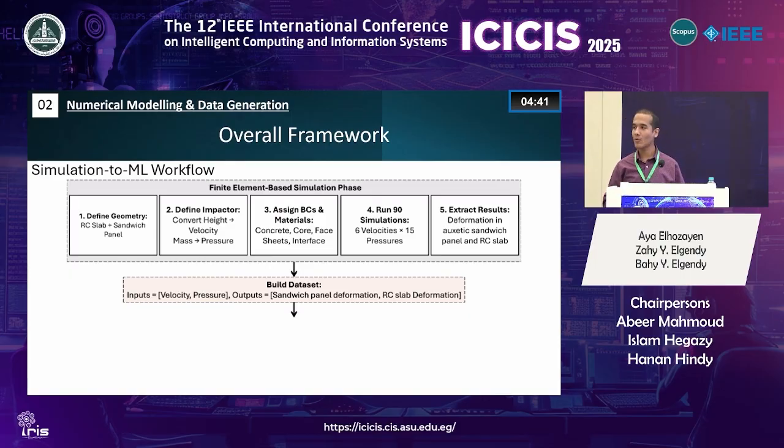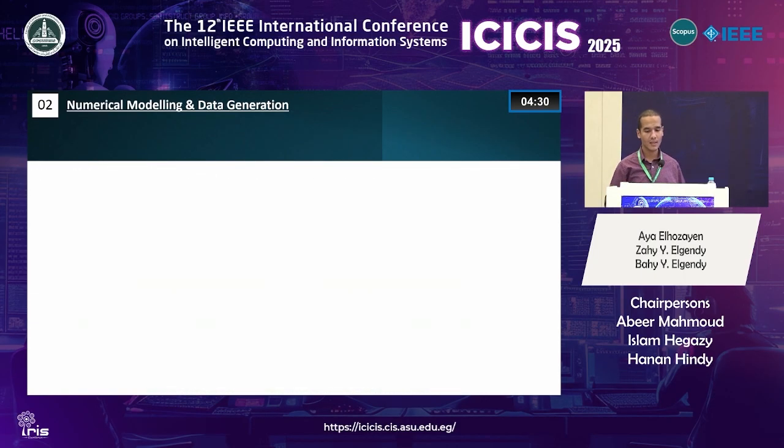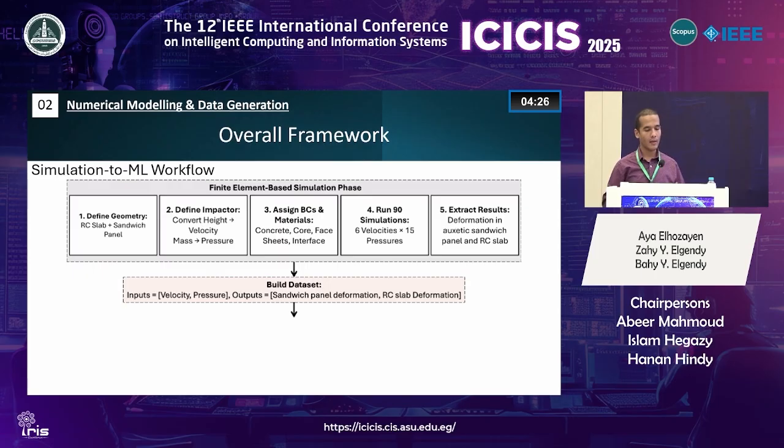And then we assigned the boundary conditions to our system and ran the simulations, which can cover a wide range of scenarios. Then we extracted the results, which are the deformation in the sandwich panel and the deformation in the RC slab.